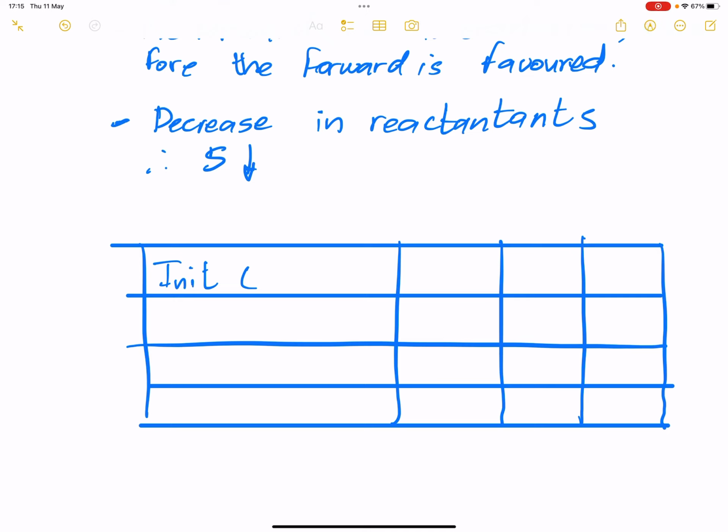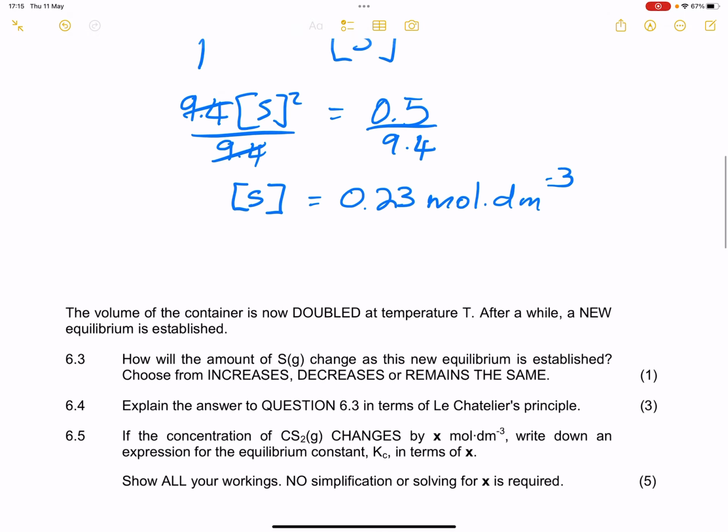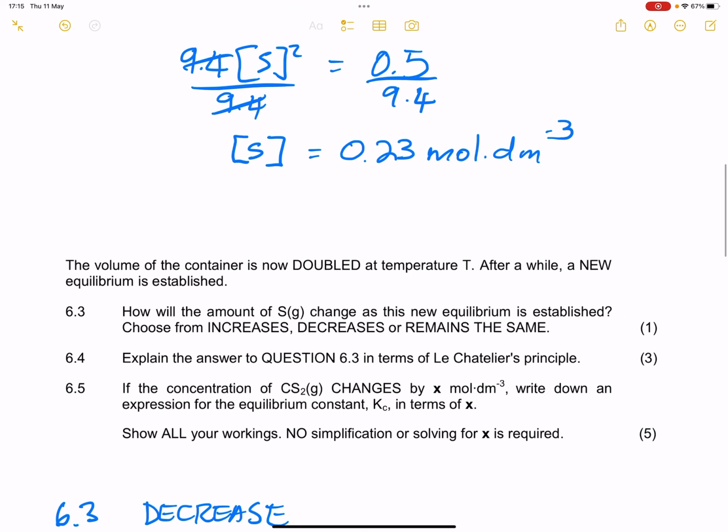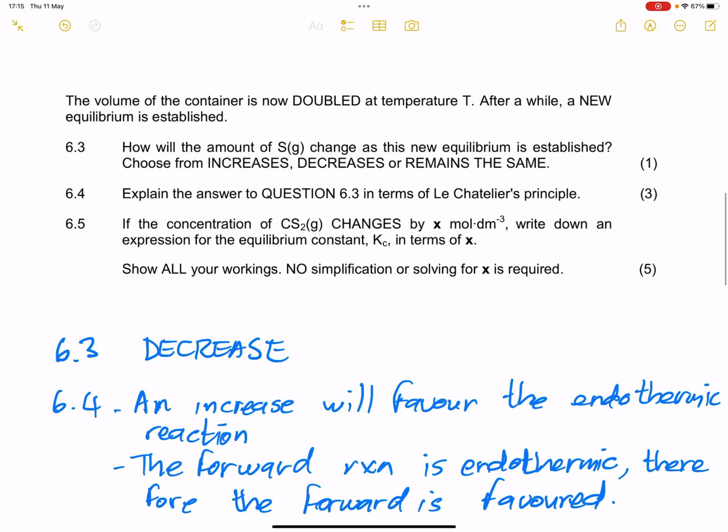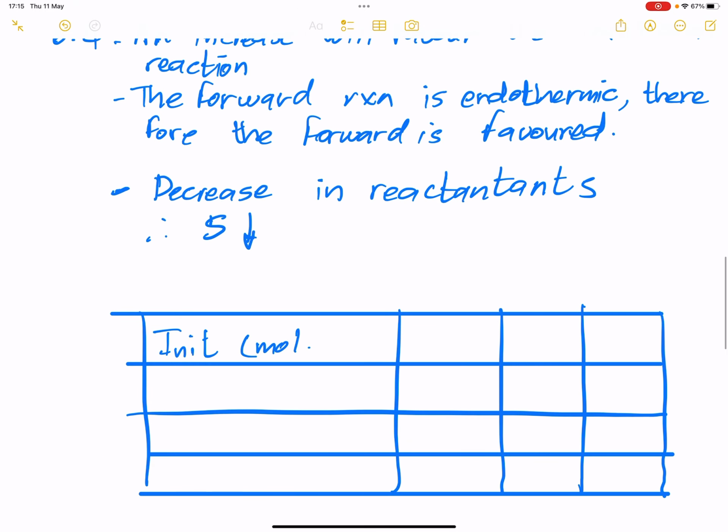It will be what we had at equilibrium, the initial equilibrium. In fact, because I already have it in moles per cubic decimeter, please allow me to do so, because they do show that the change is in moles per cubic decimeter. So there's nothing wrong with having this table in concentration.